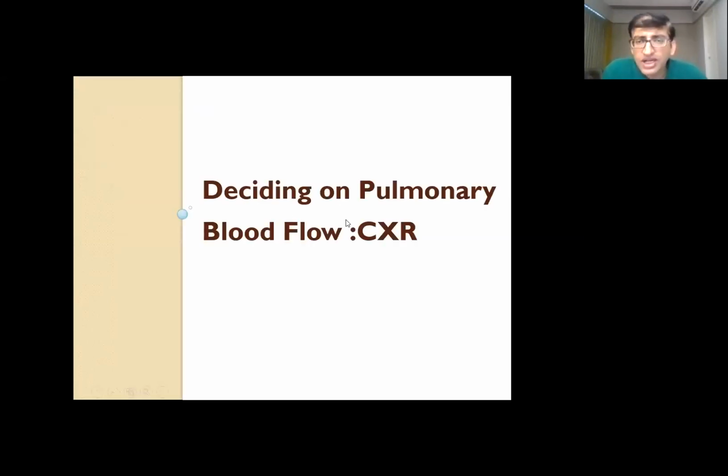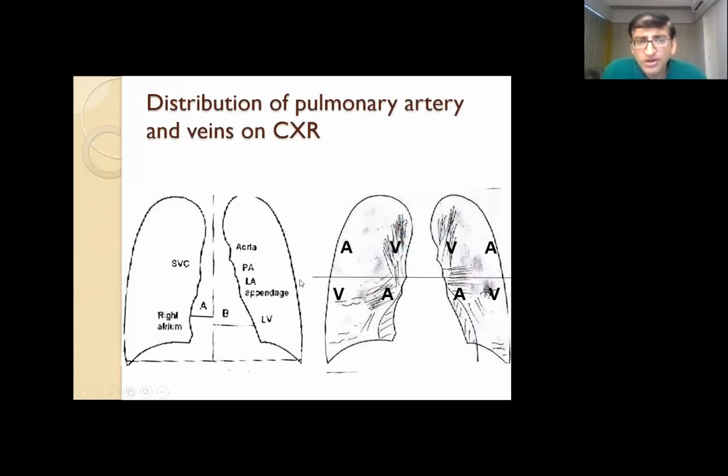So how will you decide on the pulmonary blood flow from the chest X-ray? If we look at the graphical presentation of the chest X-ray in this diagram, and we divide the lungs into the upper half and the lower half, what is the distribution of the arteries and the veins?